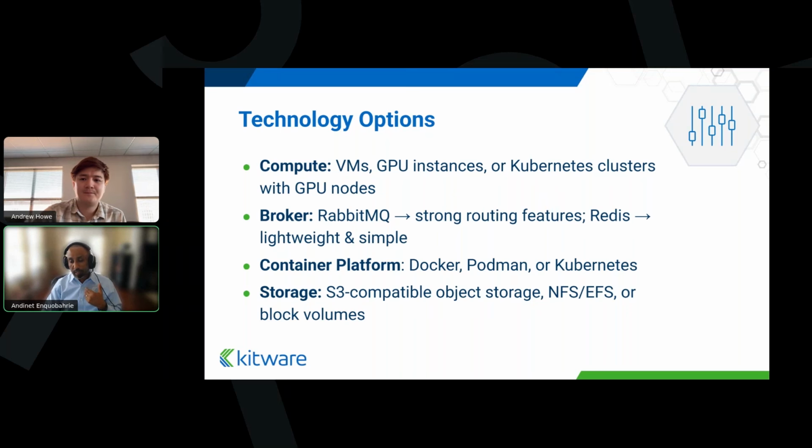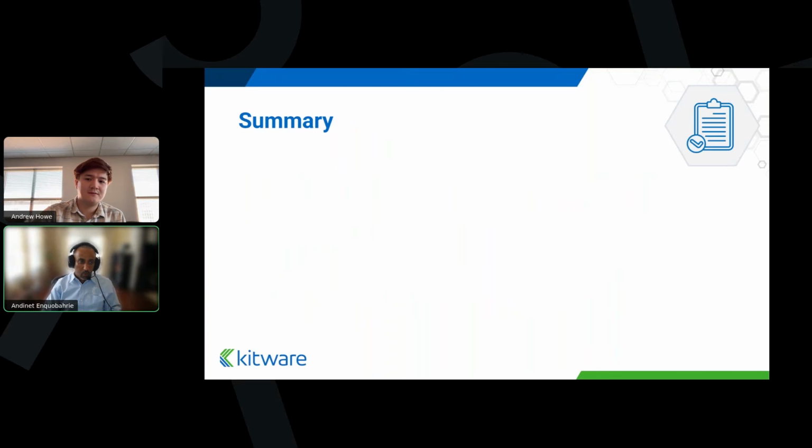If you're a Google Cloud Platform shop or an Azure shop, you have all these different options, because all those public cloud service providers have some offering for compute, message brokering, containerization and storage.